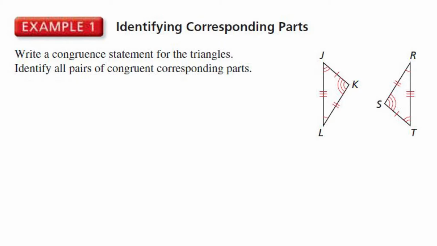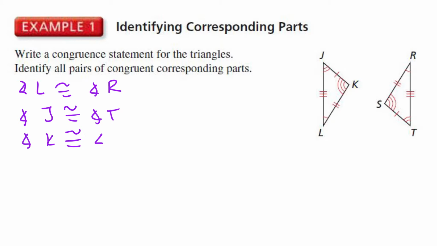If we first look at the angles, angle L is congruent to angle R. Angle J is congruent to angle T, and angle K is congruent to angle S. Now if we look at the sides, length JK is congruent to length ST.